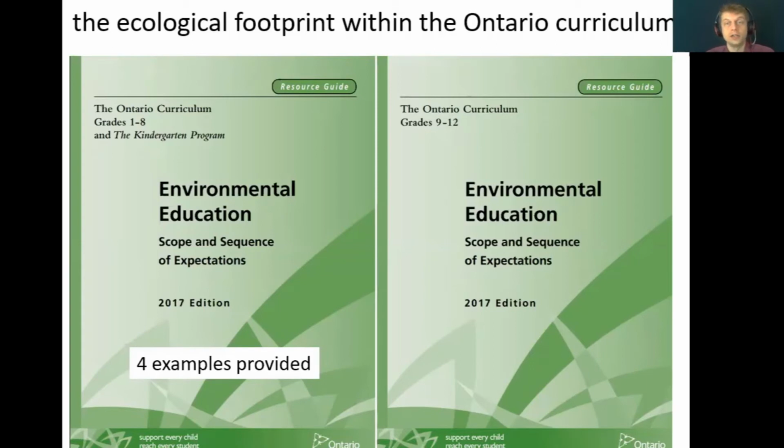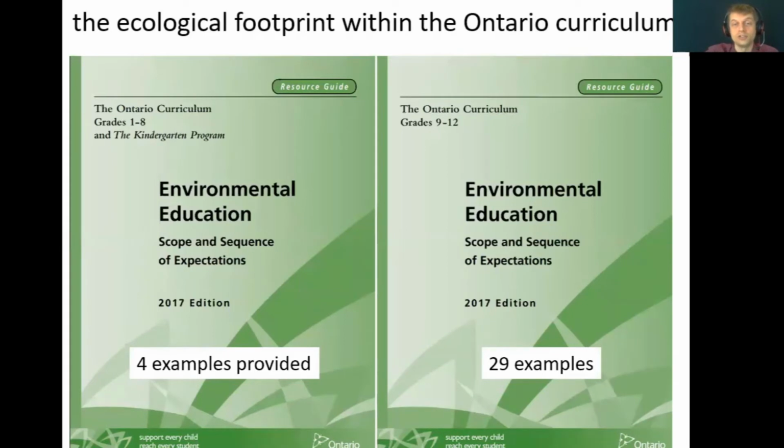And in the guide covering grades 9 to 12, there are 29 examples of the ecological footprint being used as examples, covering all sorts of subjects. Some, as you would expect, such as science and social science, and others that you might not expect, such as even in the arts and so on. So that's good news for all of you as educators if you want to integrate this into the classroom.